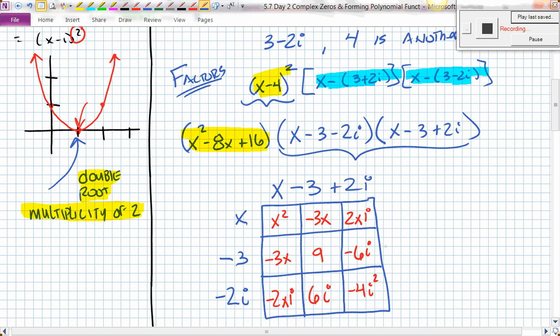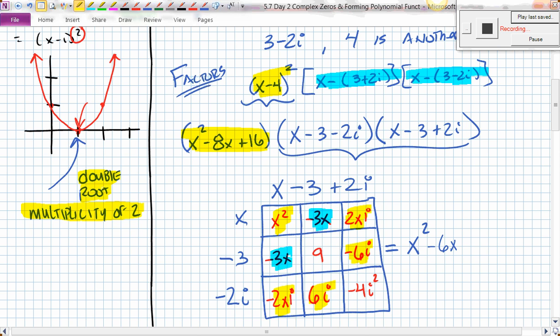And all this stuff can be simplified. So let's talk about this thing. The x squared, I can't do anything with that, so I'll leave that as x squared. I have a negative 3x and a negative 3x. That's a negative 6x, so minus 6x. Then I have a 2xi and a negative 2xi, so that goes away. And so does the negative 6i and the positive 6i.